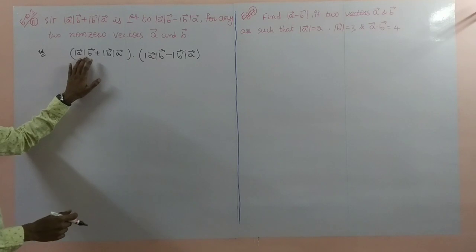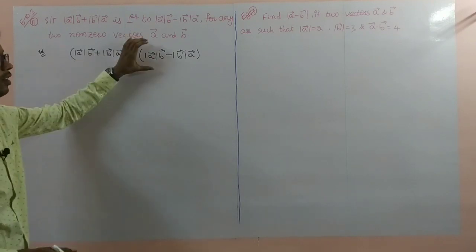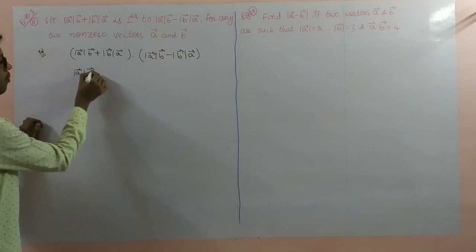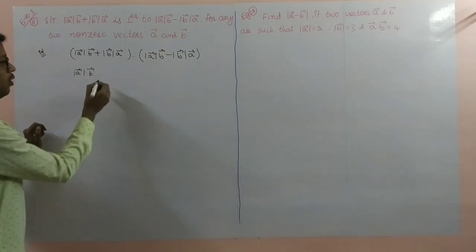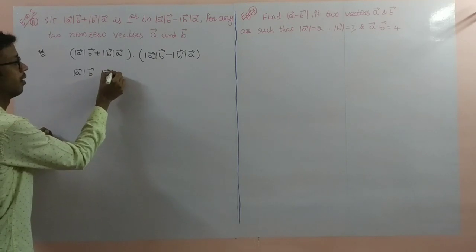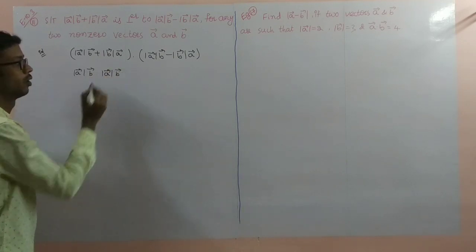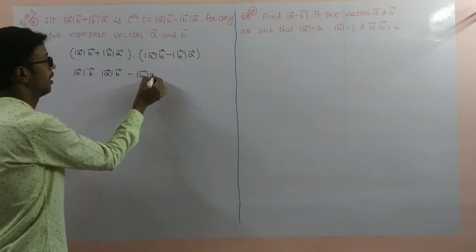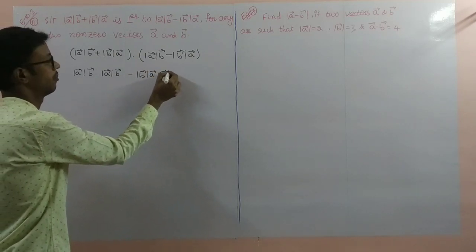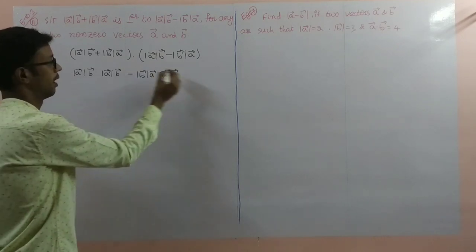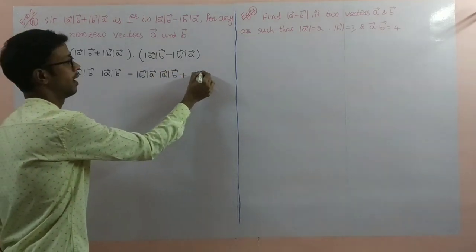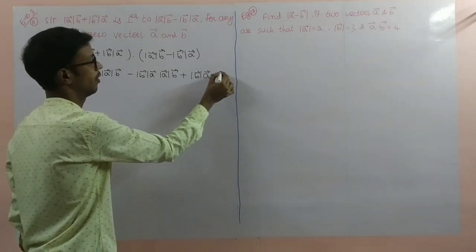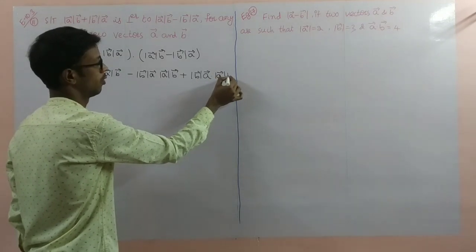So in the dot product, this first element multiplies with the total. So magnitude of a bar into b bar, this value, magnitude a bar into b bar. Next, minus magnitude of b bar a bar into magnitude of a bar b bar plus magnitude of b bar a bar into magnitude of a bar into b bar.